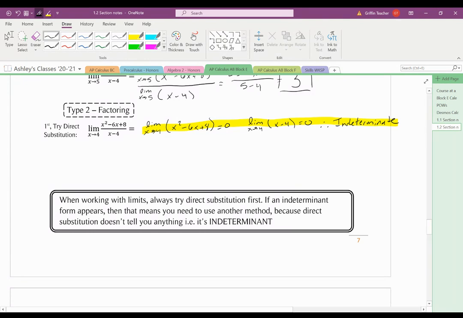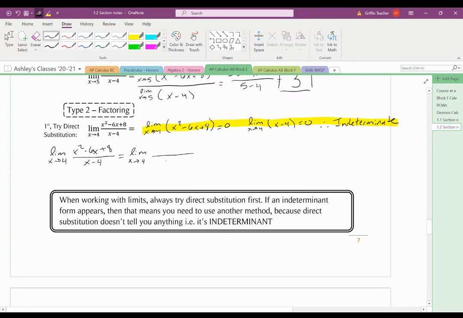And then here, what we're going to do is try factoring and see what we get. So, okay, we're going to go back to the drawing board. We're going to start with my beginning limit, so I'm just going to copy it down again. Oops, there should be an x there. And let's go ahead and try factoring.